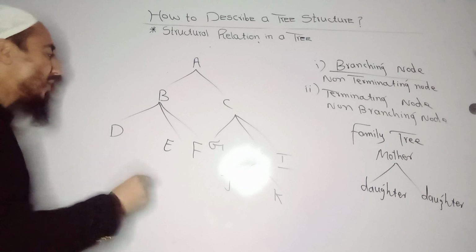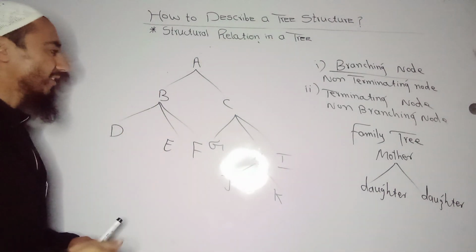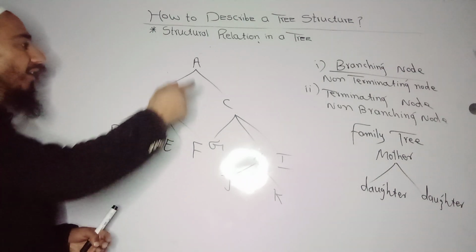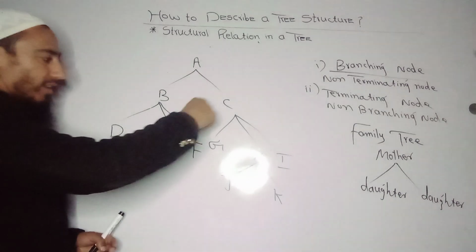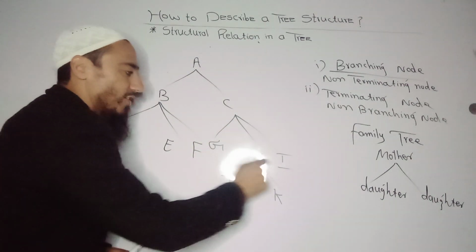Answer is that because B is the intervener among them.